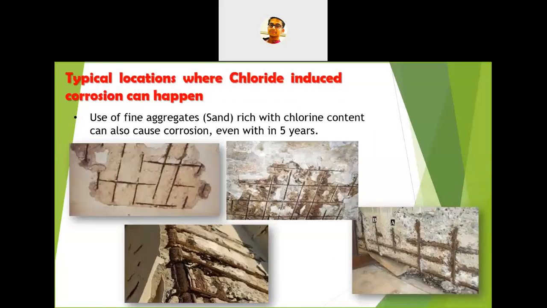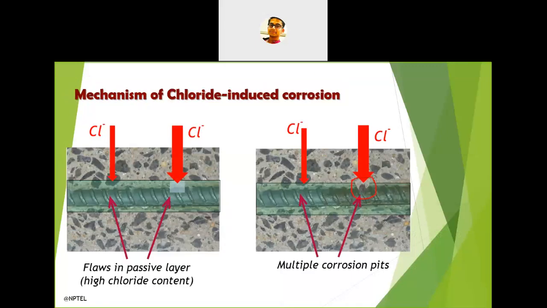So now we'll see in detail the mechanism of chloride induced corrosion. I have already told in the last lecture that it's a localized corrosion. In the entire concrete system, you won't find the concentration of chloride uniformly throughout.